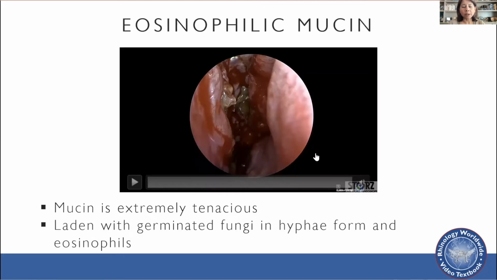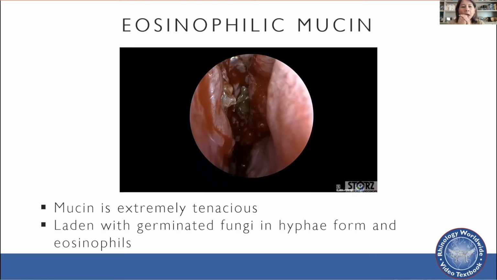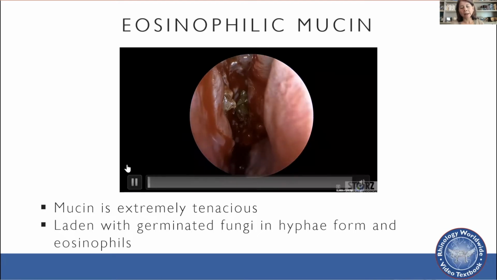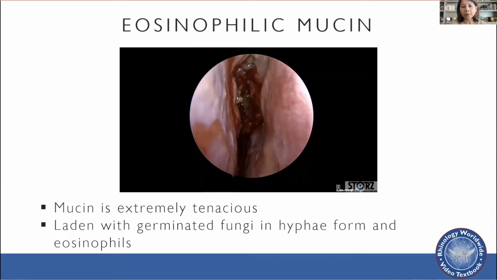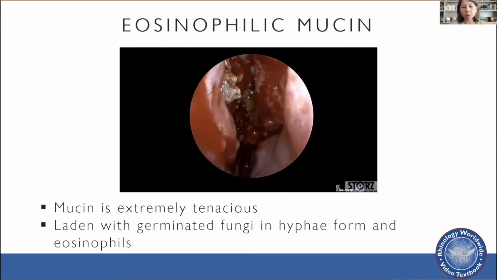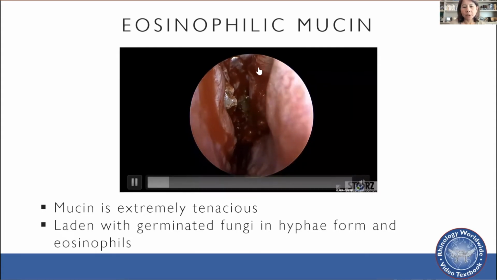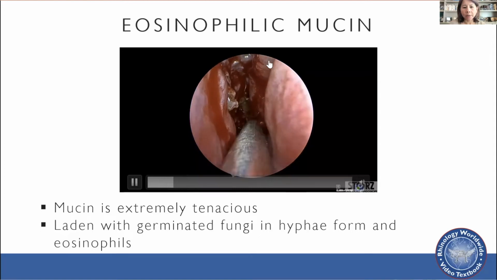So let's talk a little bit about the eosinophilic mucin. As I mentioned, this is a characteristic finding associated with AFRS. So here's a video that really highlights some of the features that people talk about with this mucin. So this is an image on the patient's right-hand side. The middle turbinate is visualized here on the right side of the screen.